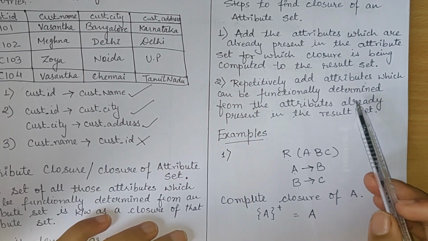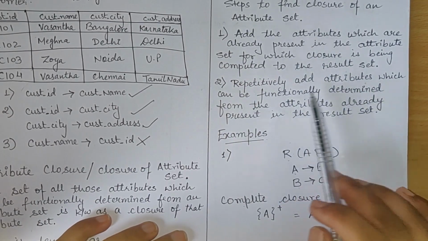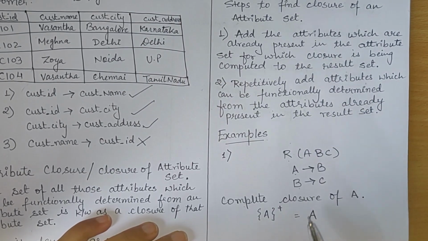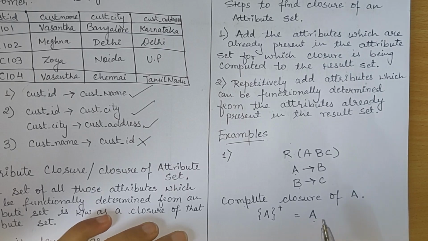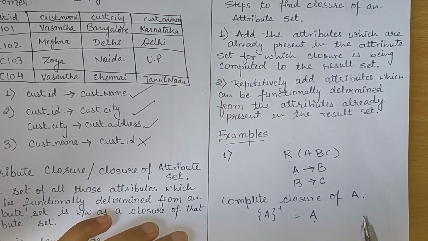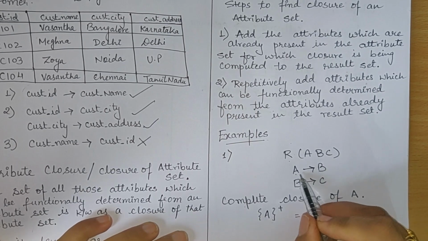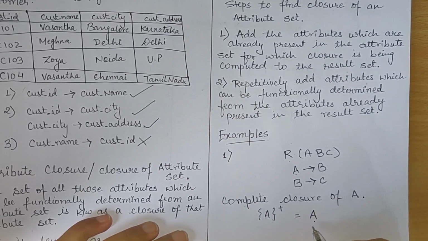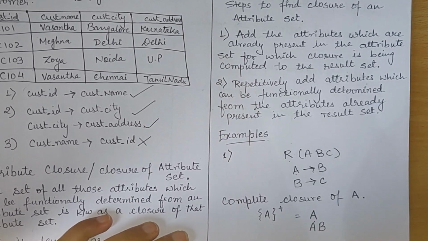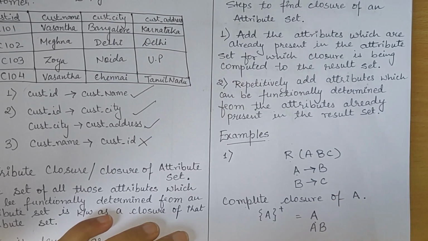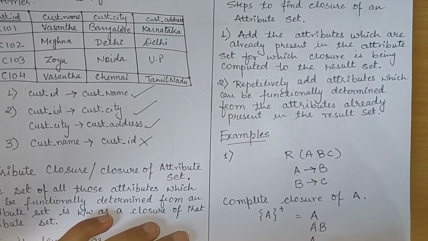Next step is what? Repetitively add attributes which can be functionally determined from the attributes already present in the result set. Right now in the result set, what is present? A is present, and another functionally determined. A determines what? B. So in my result set I can write A, B. Fine. After that what can I write? Repetitively add again attributes. Now B determines C. So in my result set what will come?